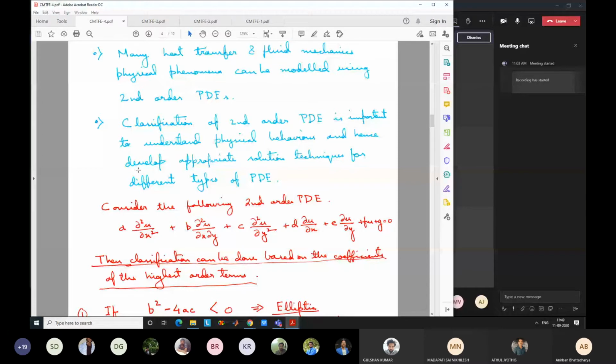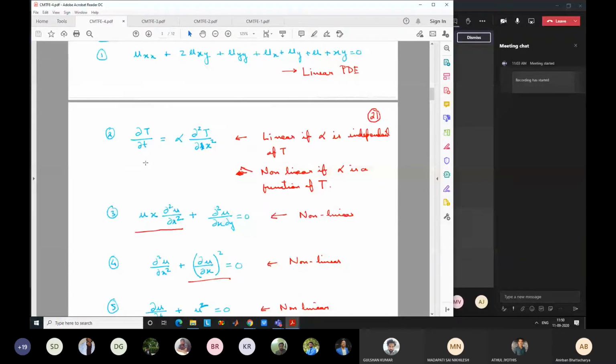Let me give you an example. Okay, instead of just randomly talking, let me give you an example. Say you have some transient equation like this type of equation. Okay, 1D transient heat conduction equation. So along the time, the temperature will change with time, right?